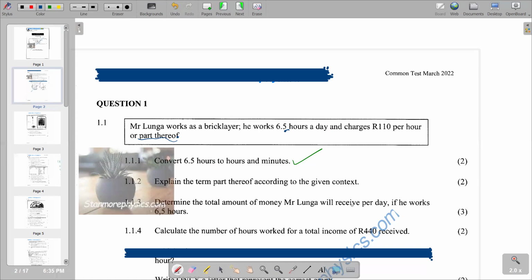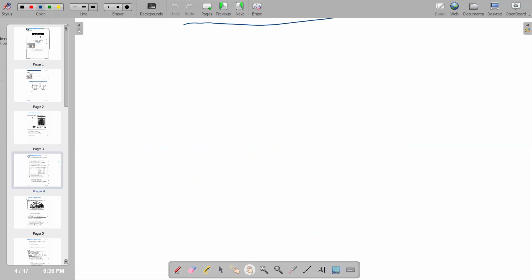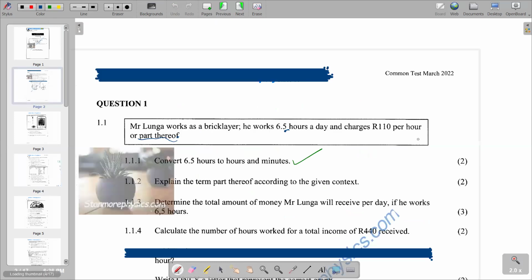1.1.3 determine the total amount of money Mr. Lunga earns. So since we are having that explanation that is part thereof, we are going to regard our 0.5 as 110. So on our calculation, we are simply just going to say 1.1.3. Remember it's 6.5 hours, whereby we are saying each hour is 110 rands.